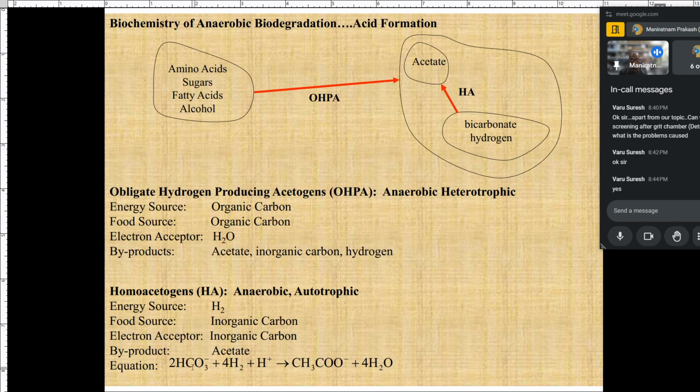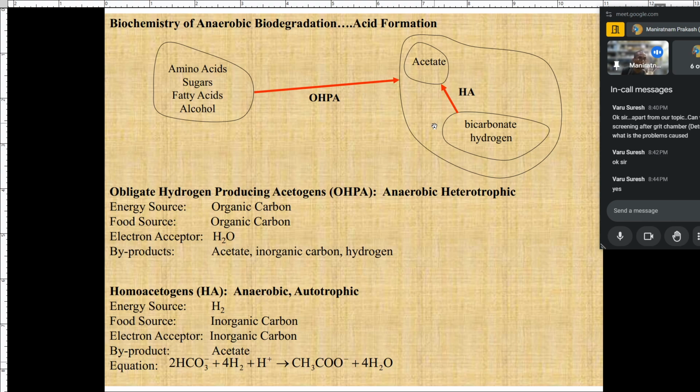And what if some bicarbonate is there? Remember, for formation of acetate, it can be by conversion of the alcohol which was formed during acid formation, or if some bicarbonate is present in your wastewater, which is always present.